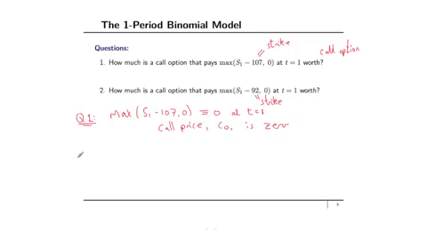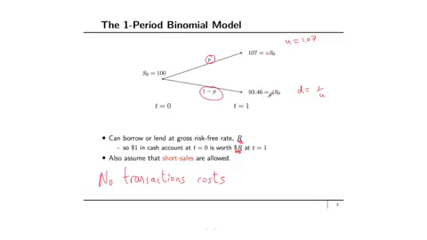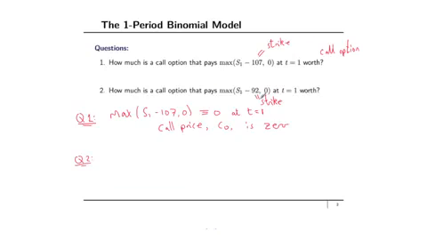Okay. For question 2, it's also quite straightforward. Again, the strike here is $92. If I go back to my binomial model, I see that the smallest possible price at time t equals 1 is 93.46. So no matter what, I can write the maximum of S1 minus 92 and 0 as S1 minus 92.